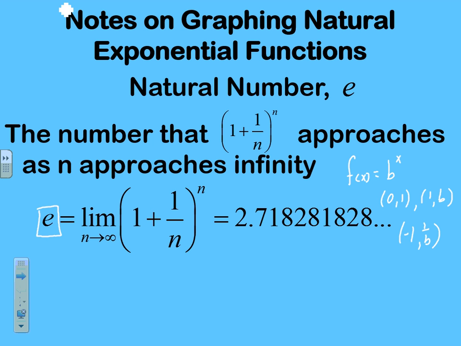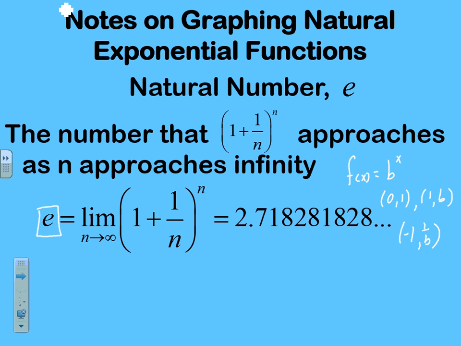E is a very common number that is used in financial math, whether it's an exponential function or a logarithmic function. E is a very common base that we're going to be seeing in this unit of study. So because of its unique nature, I wanted to make a separate video explaining what they are.